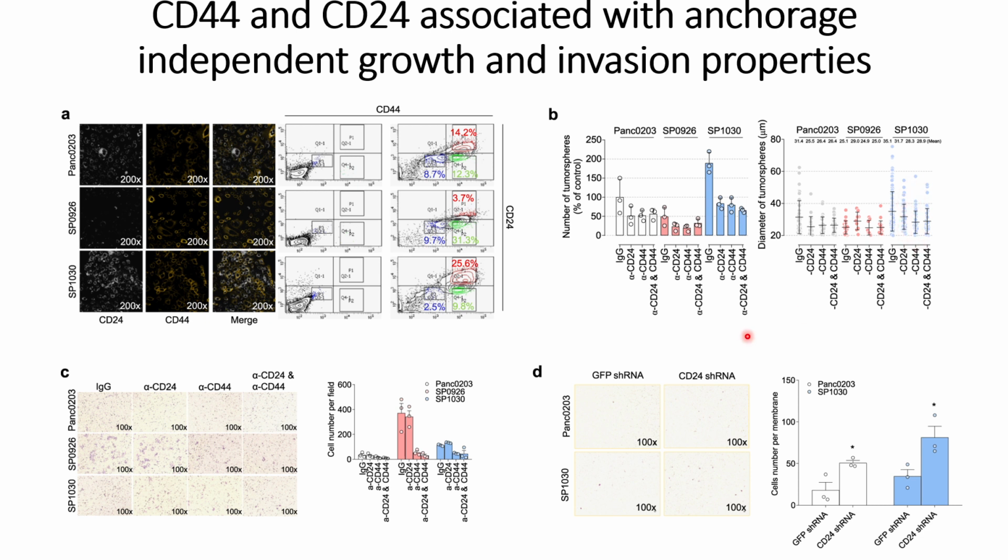and CD44. So when they knock down CD24 using CD24 short hairpin RNA, what they found is that in the case of SP1030, there is a reduction in the number of cells compared to the control case, that is GFP shRNA.